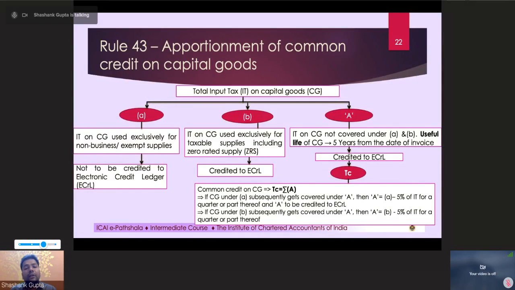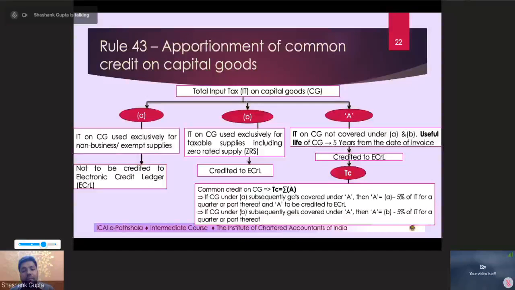Second of all, we need to determine input tax on capital goods used exclusively for taxable supplies, including zero rated supplies, and this will be entirely credited to the electronic credit ledger because there is no need for apportionment. And the balance amount, that is capital goods neither covered under A nor covered under B, the useful life of such capital goods will be considered 5 years from the date of invoice, and this amount will first be credited to the electronic credit ledger.